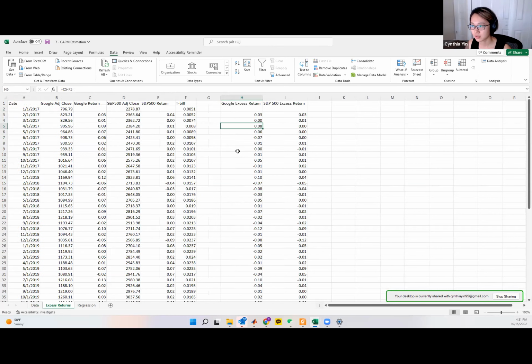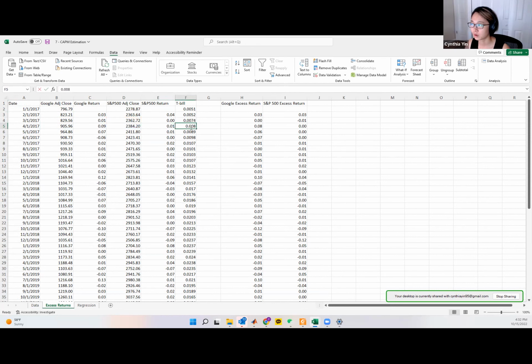First, we need to get the excess return, if you remember, we just covered in the slide. And before excess return, we need to get the raw return. Google is just the adjusted close, as we did exactly the same in the previous example. And you get this column of Google returns. You get this column for S&P 500 returns.